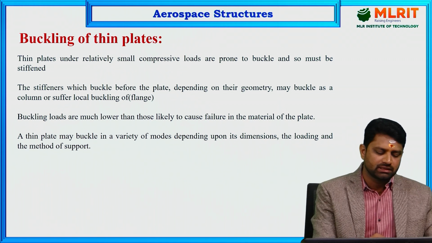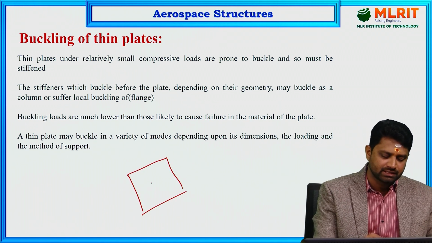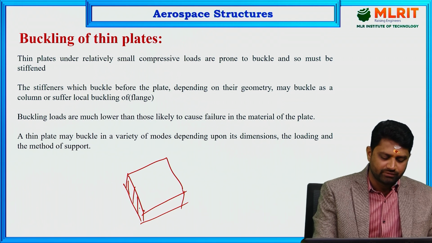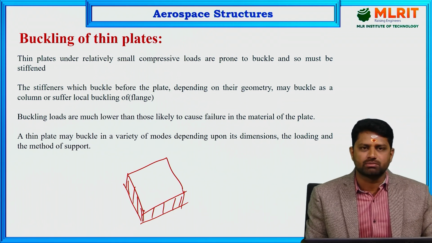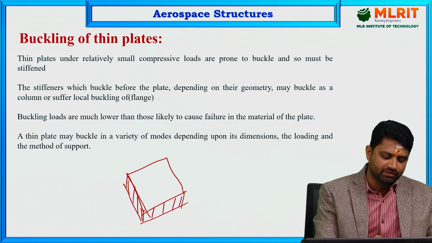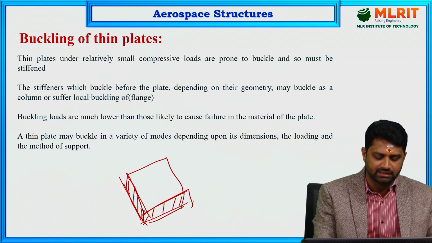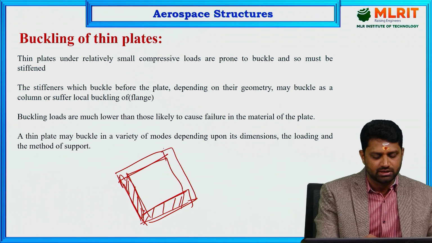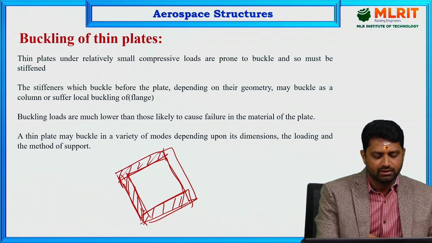And what happens when the stiffeners are attached? So a normal thin plate, if you look at this diagram, this is a normal thin plate, and for example, if you try to attach stiffeners to it on the 4 edges, what happens?